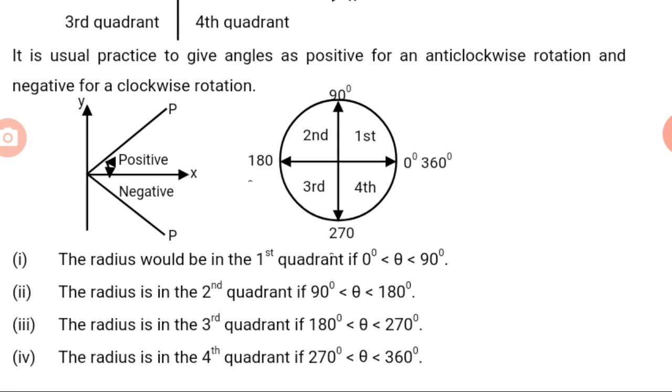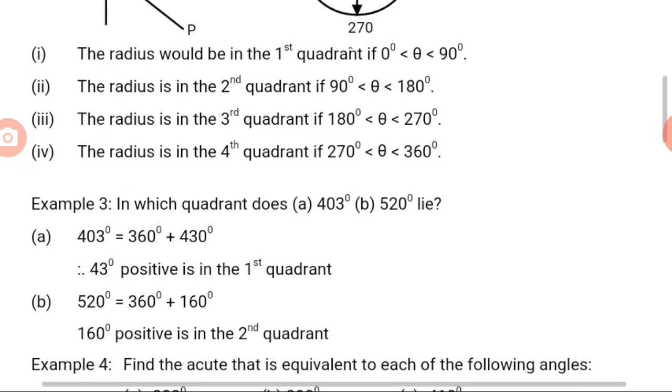The radius is in the fourth quadrant if 270 degrees is less than theta and theta is less than 360 degrees. It means that it will be in the fourth quadrant if theta is greater than 270 degrees but less than 360 degrees. Are we together?